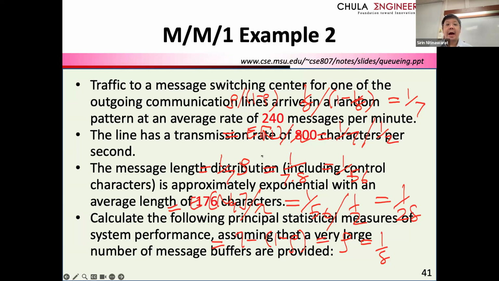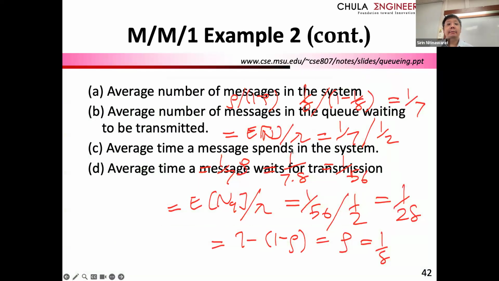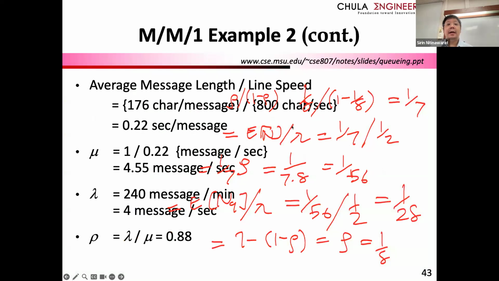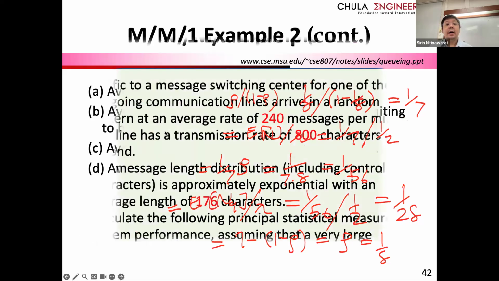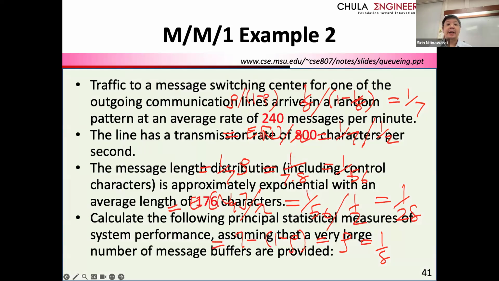Okay, so now you just have to normalize the two rates. If you want to describe the outgoing rate in terms of messages, then you need to take into account the average number of characters per message, which is 176.